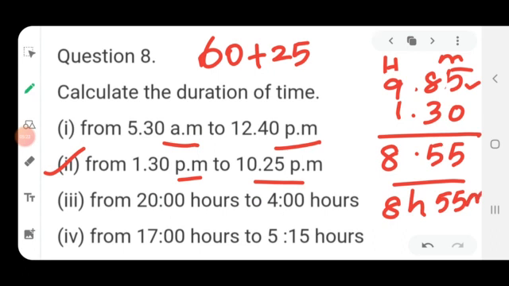Next we are going to see the third subdivision, 20 hours to 4 hours. This is 24 hours format; before we had 12 hours format. In 24 hours format, if the time is before and after 24, we have to take 24 as the middle value and separate the session into 2.